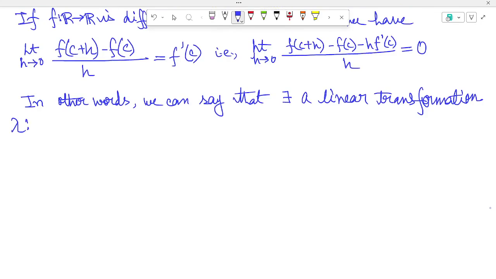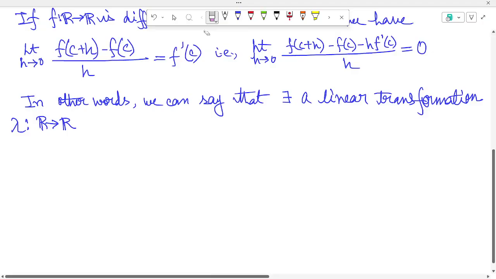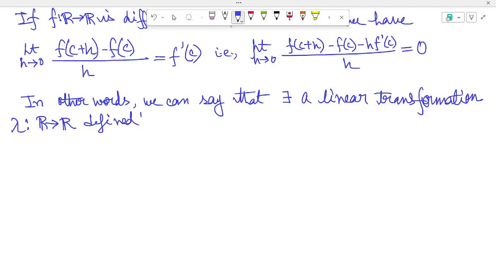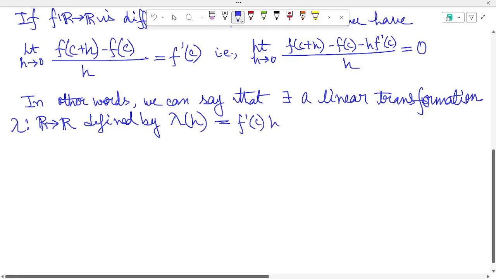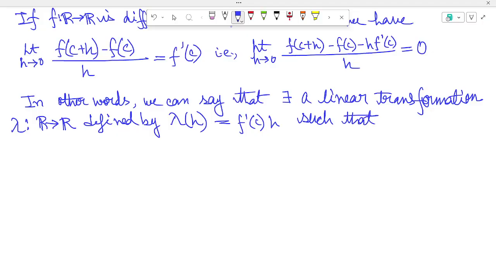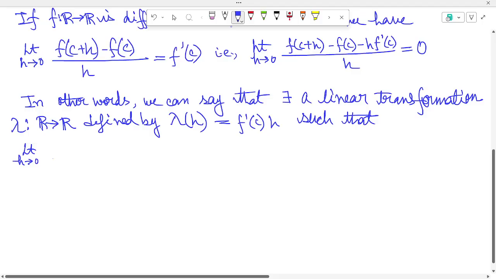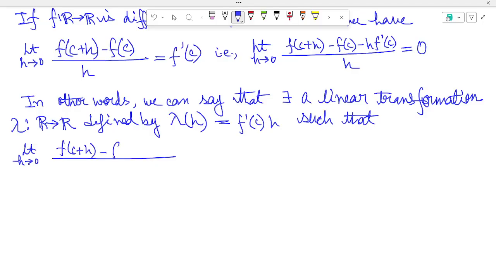Suppose we name the linear transformation lambda, from R to R, such that, obviously, lambda is defined by minus f'(c).